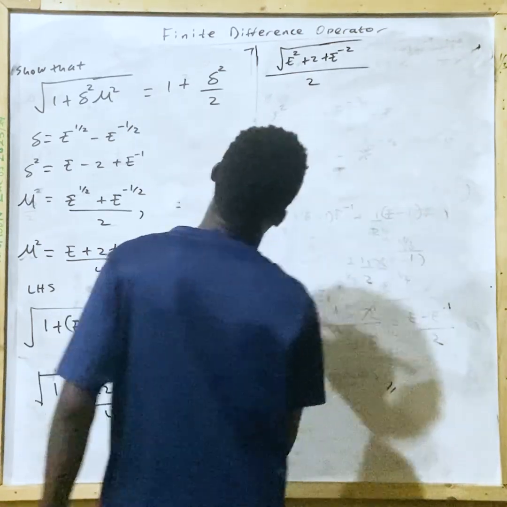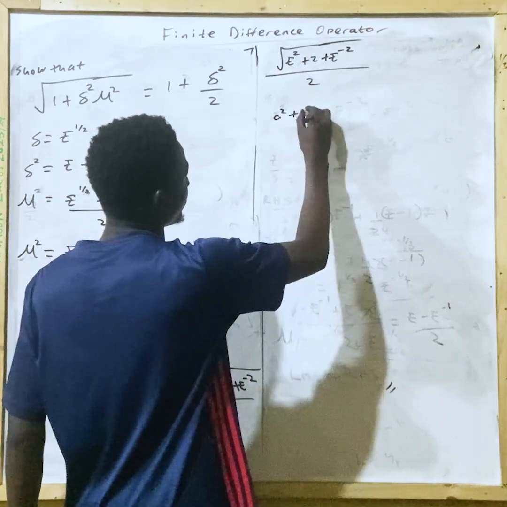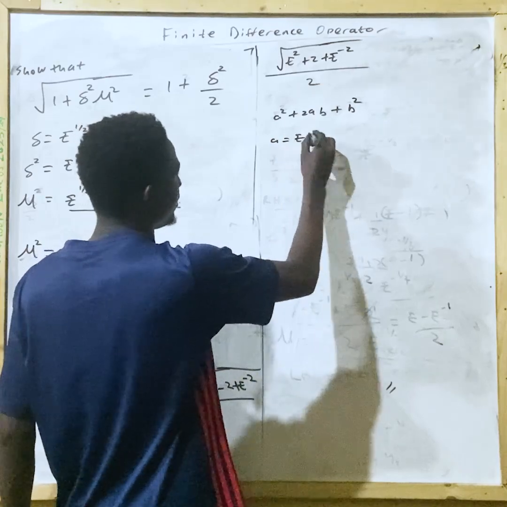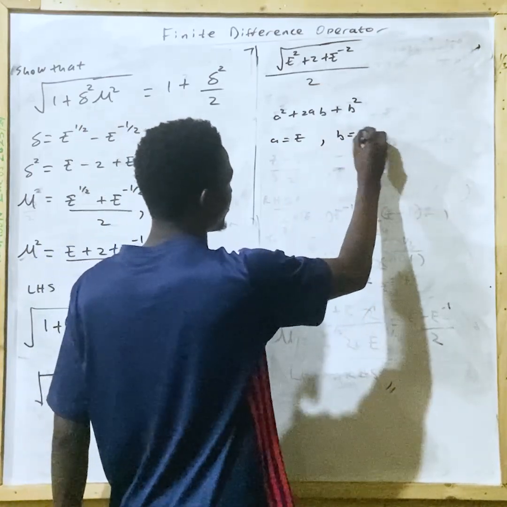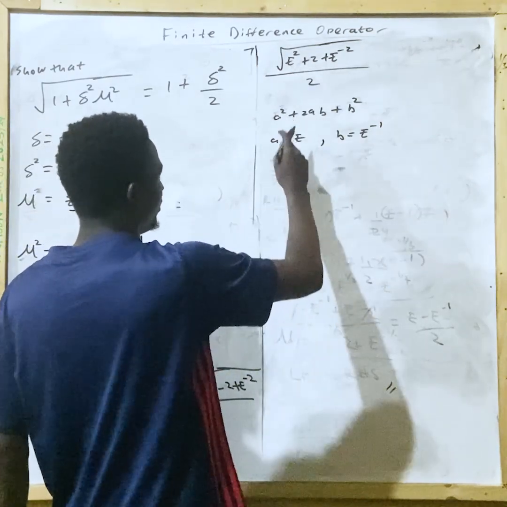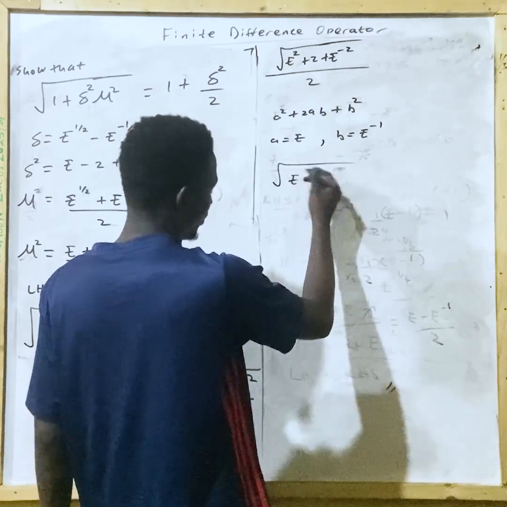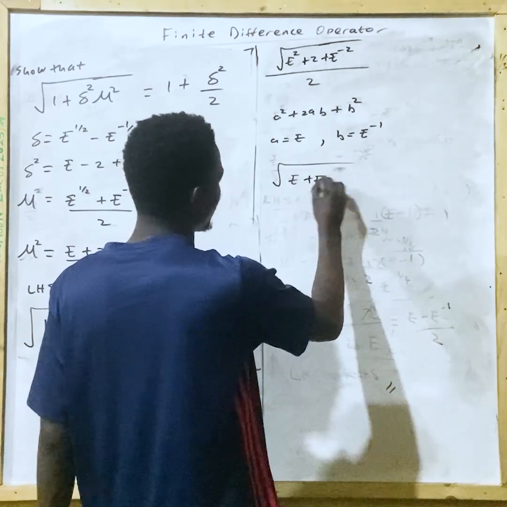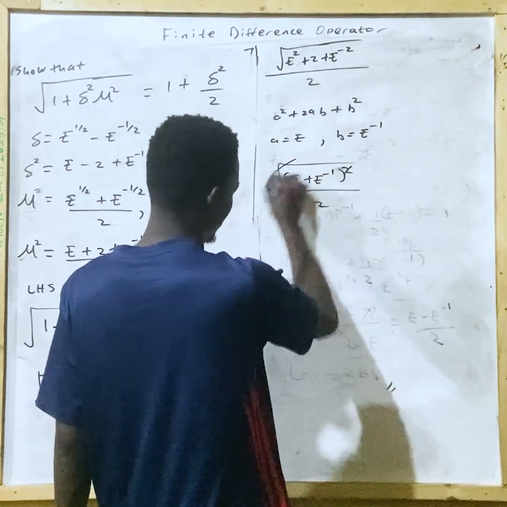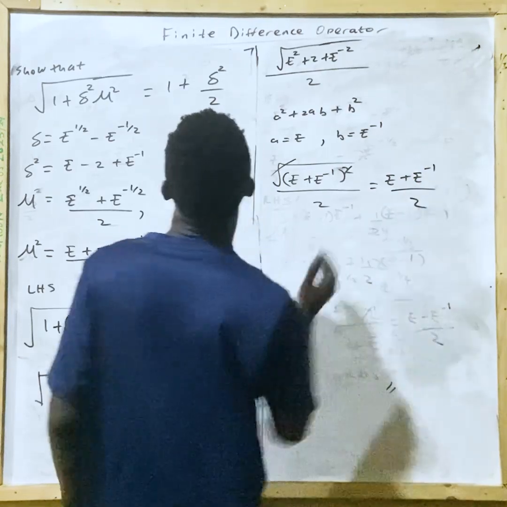This looks like an identity, a square plus 2ab plus b square, where my a is e and my b is e raised to power minus 1. So this can be compressed into the square root of e plus e raised to power minus 1 all squared over 2. Square can cancel square root. You have e plus e raised to power minus 1 over 2.